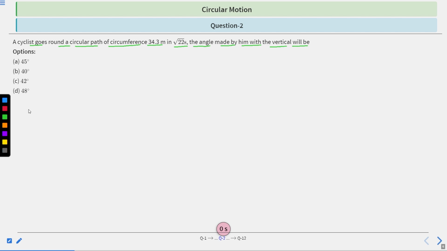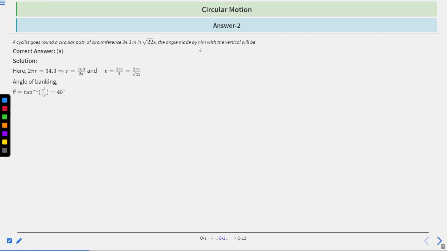Let's find the solution. According to the question, the cyclist goes round a circular path of circumference 34.3 meter in under root 22 second. The question asks about the angle made by him with the vertical.